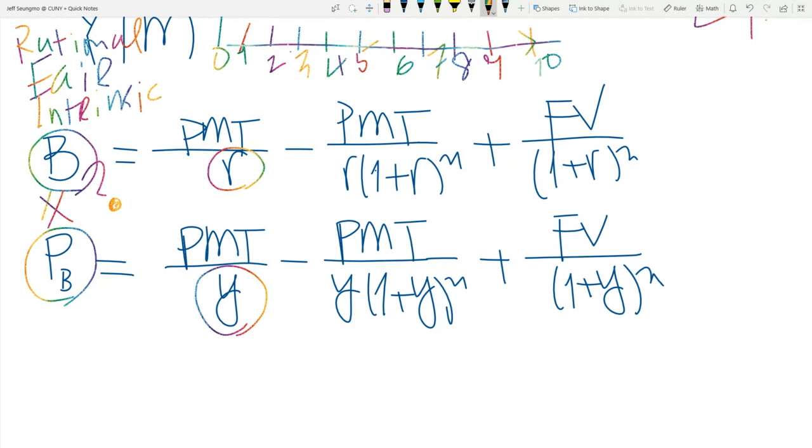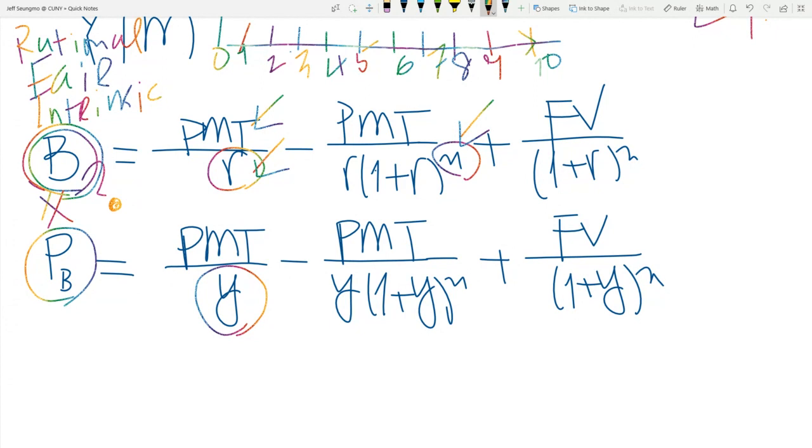Think about it. We want to know this, and everything else is given. Payment is known, the discount rate is known, N is known, everything is known, right? Because the intrinsic value, or the rational price, is the unknown, we want to find it. So we solve this equation for that B.